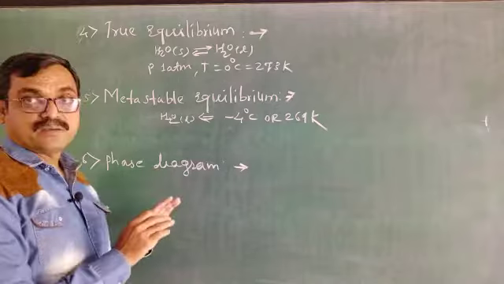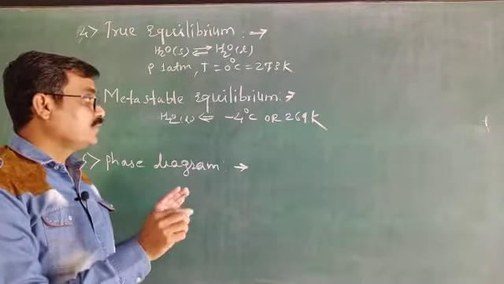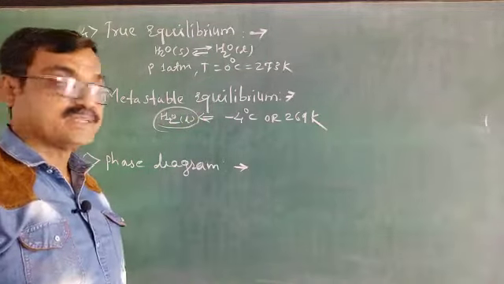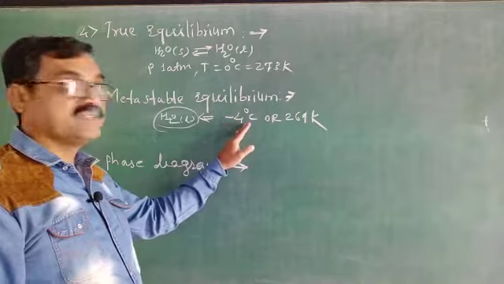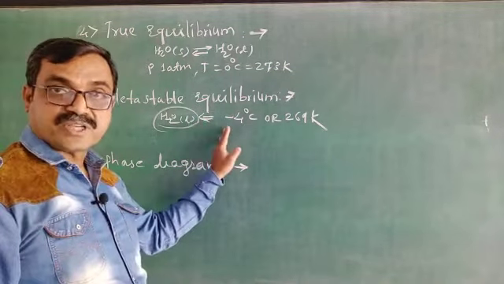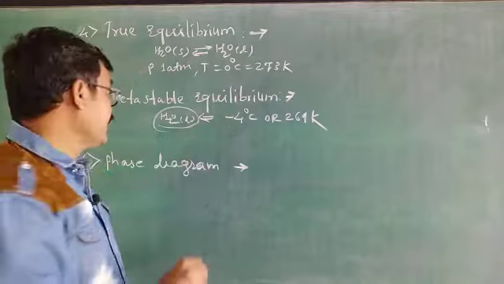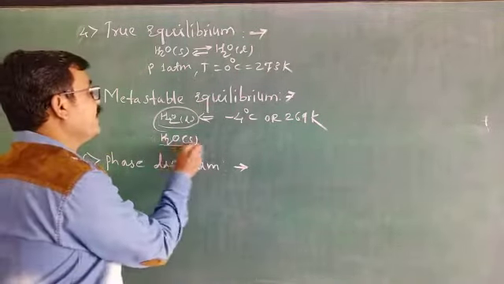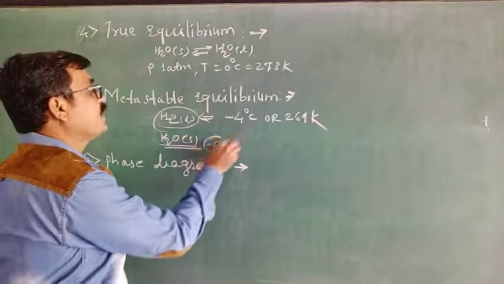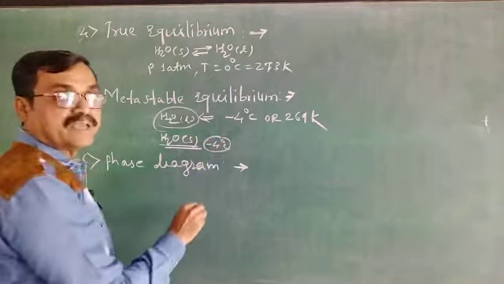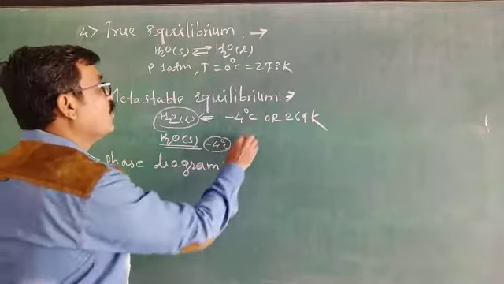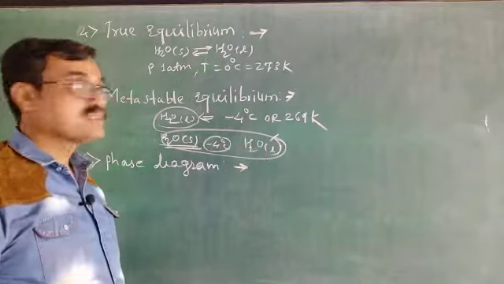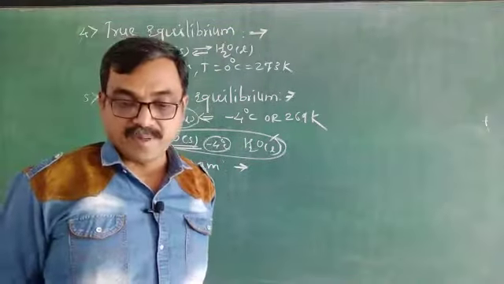If we take H2O in liquid state and decrease its temperature, then at -4 degrees Celsius there is still water in liquid state. But if we consider H2O in solid state and maintain its temperature at -4 degrees Celsius, that is 269 Kelvin, then it is not possible to have liquid water. Such a state is a metastable equilibrium.